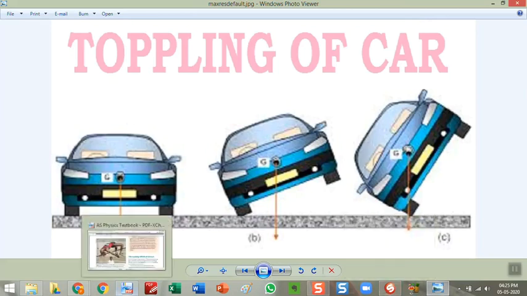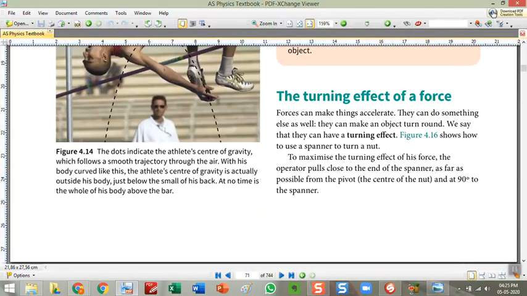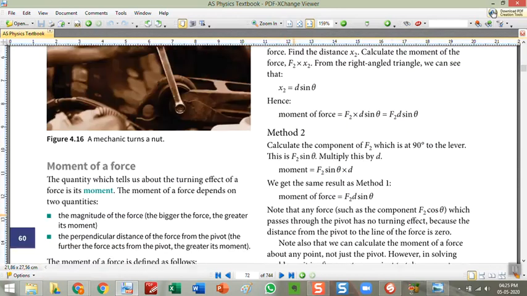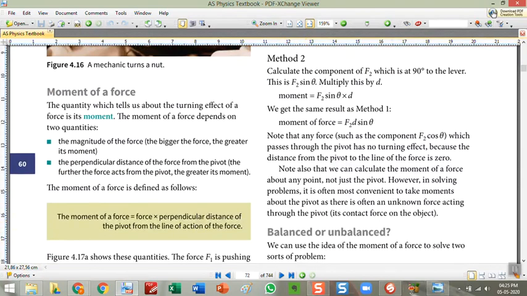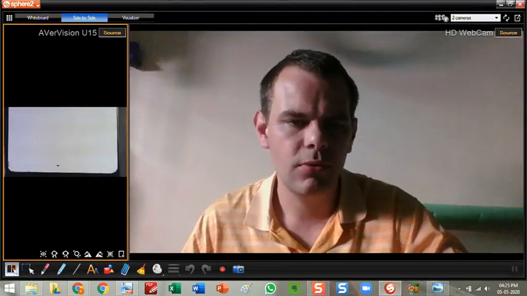Okay, the next part in our textbook that we're going to look at is the turning effect of a force. We also know it as a moment. Okay, so we're going to go to the screen now, to the board, and I want you guys to follow me on this one.